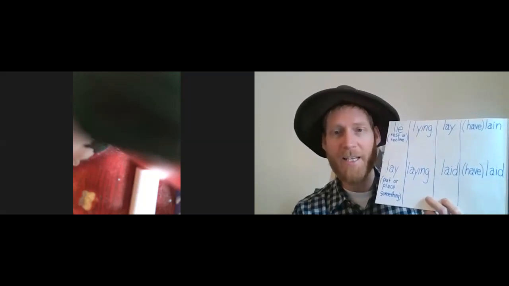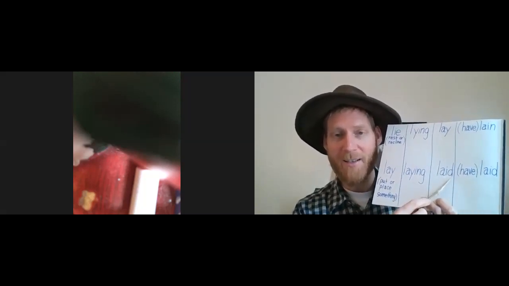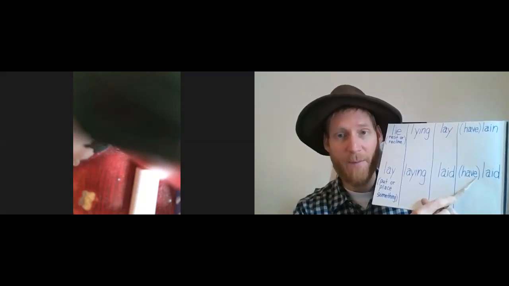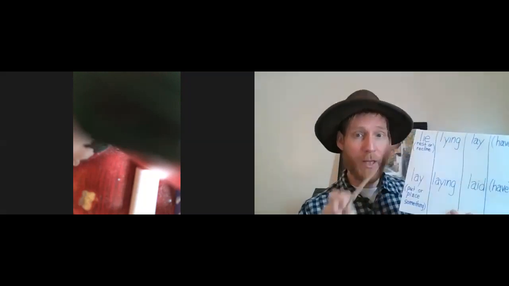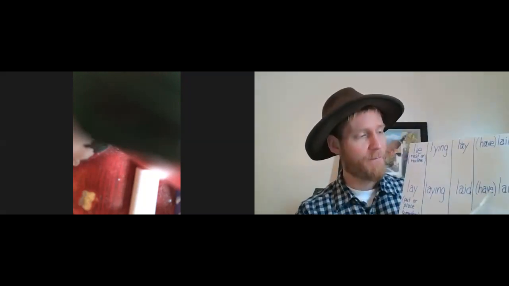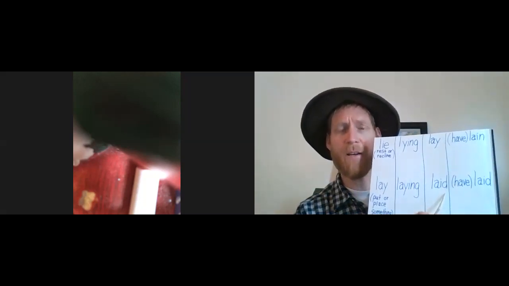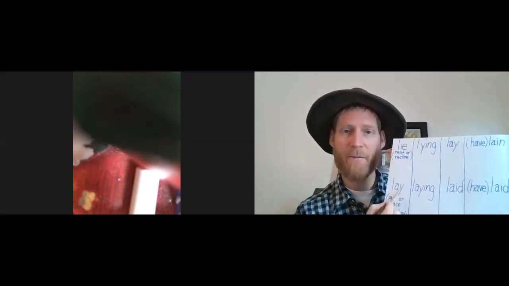I know I laid it there somewhere. You did it in the past, right? I have laid it there many times before. I have laid it there, right? I've laid it there. So that's why there can be confusion, especially with the word lay part of it.